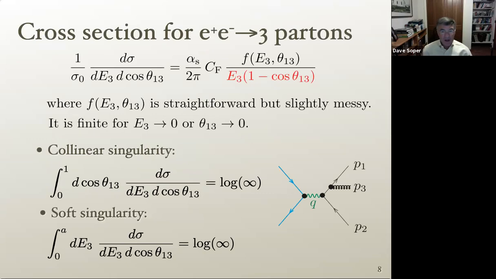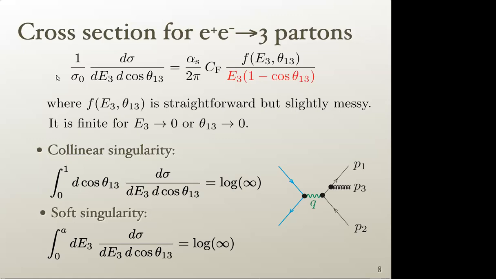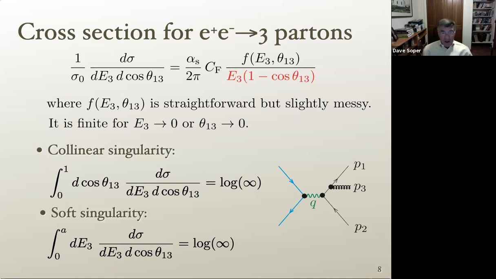So let's get started. I want to talk about the cross-section for electron-positron goes to 3 partons. And I've written the cross-section up here. Can people see my cursor? Is it there? Yes. Okay, great. The cross-section is measured in terms of E3 and cosine theta 1,3.